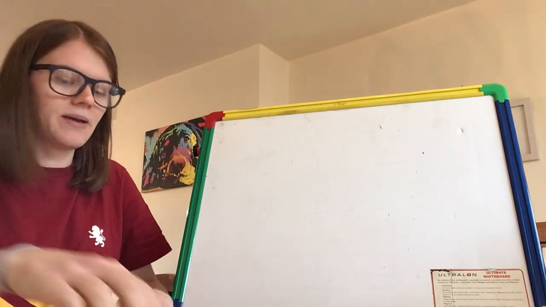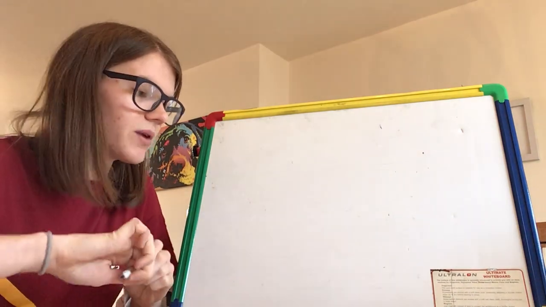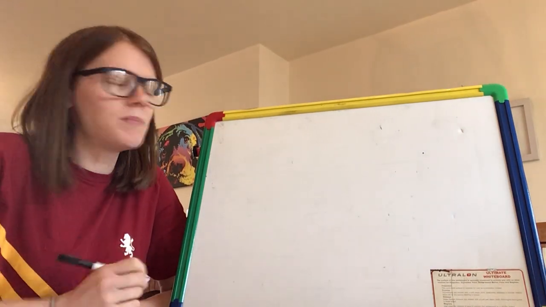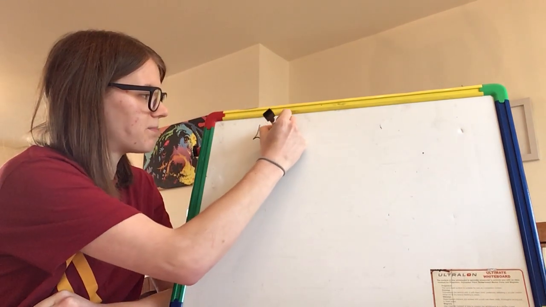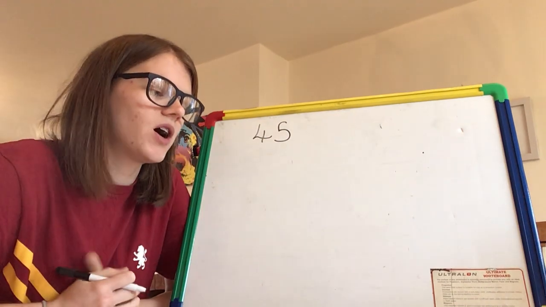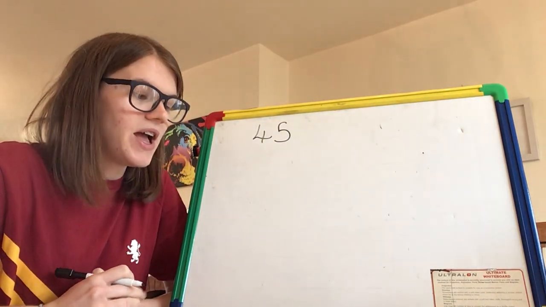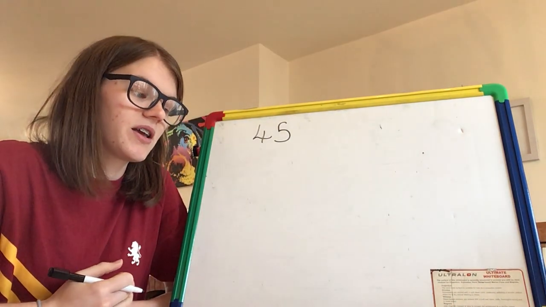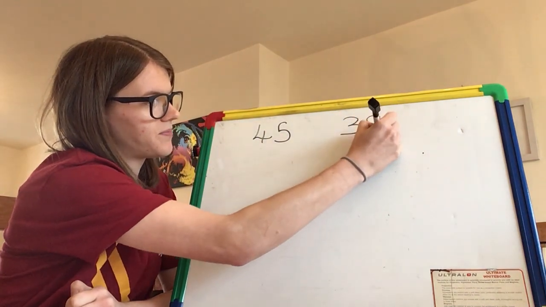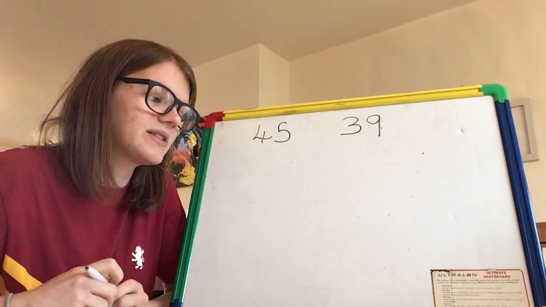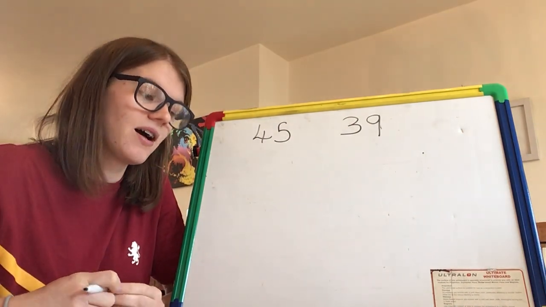Remember those, okay? So if we had a question and it said, Sam has 45 stamps, okay? He's got 45 stamps. His father gave him 39 stamps. How many stamps does Sam have?